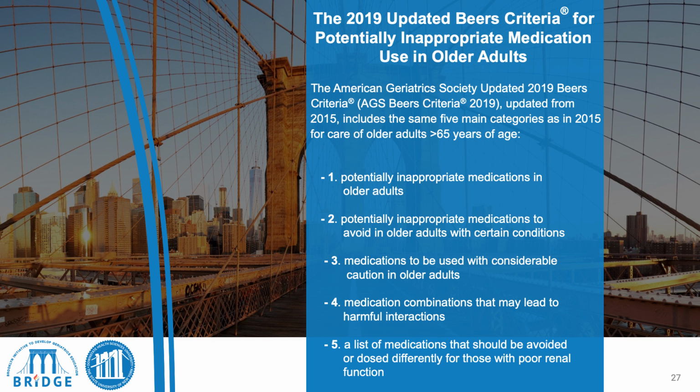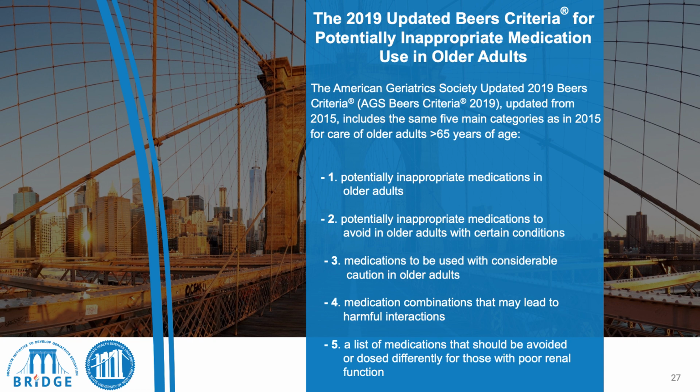And number 1, the 5 main categories of the 2019 updated Beers is to identify potentially inappropriate medication in older adults. 2, those that we identified should be avoided in older adults with certain conditions. It should be used with considerable caution in older adults.